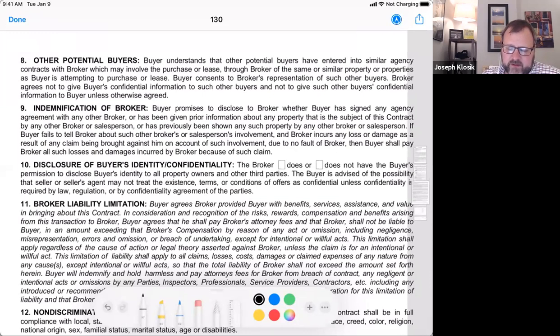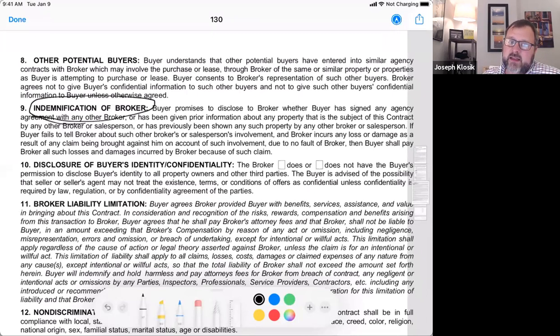Section 9 is another one that basically says that the buyer promises to disclose to the broker whether the buyer has signed any agency agreement with any other broker. So basically this is saying, Mr. Buyer, you are not under contract with any other buyer agent to be working with them, so there is no conflict.